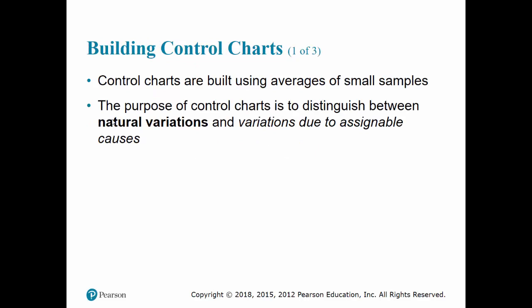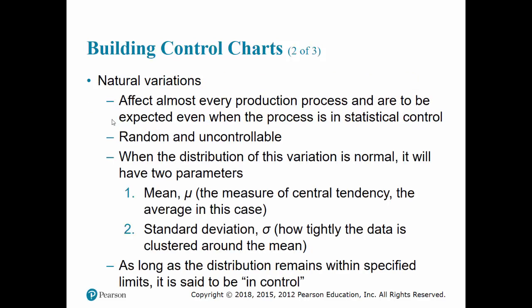So for this, we need to build control charts such that we capture only the natural variabilities. So how do you do that? Here are some examples of natural variation, and we'll come to how to build it in just a second. Almost all production processes are expected to have some variability, random and uncontrollable, which is what I discussed just a minute ago.